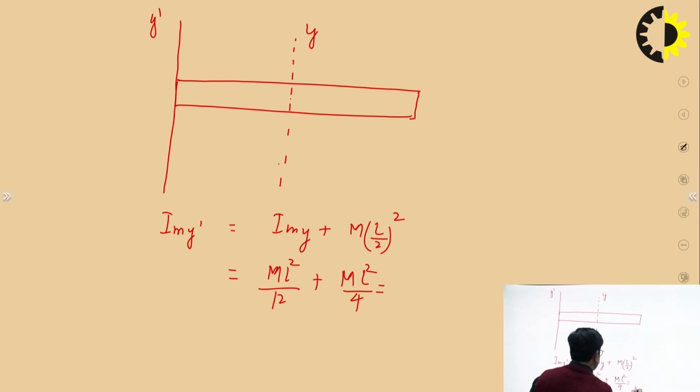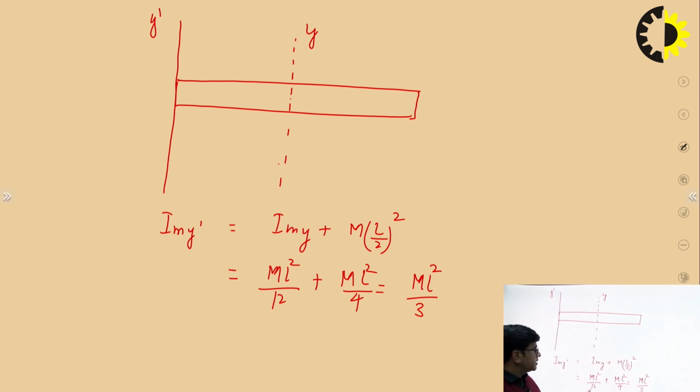After simplifying, I get M L square by 3. So, this is the moment of inertia of the rod at the end, about an axis parallel to the centroidal axis.